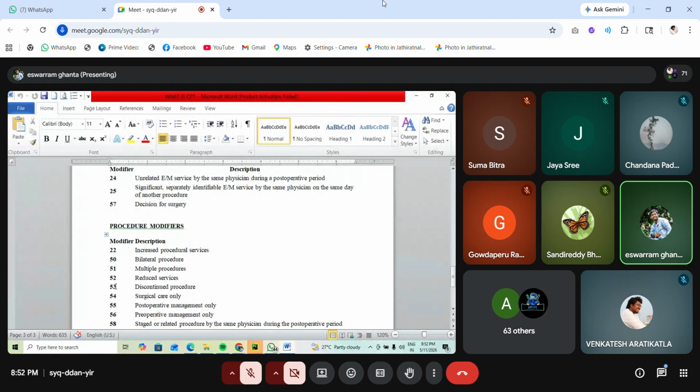In such conditions, to provide additional, clear-cut information, we need to add the modifier. Did you understand now what is the use of these modifiers and how we are using them? Yes, sir. We understood.